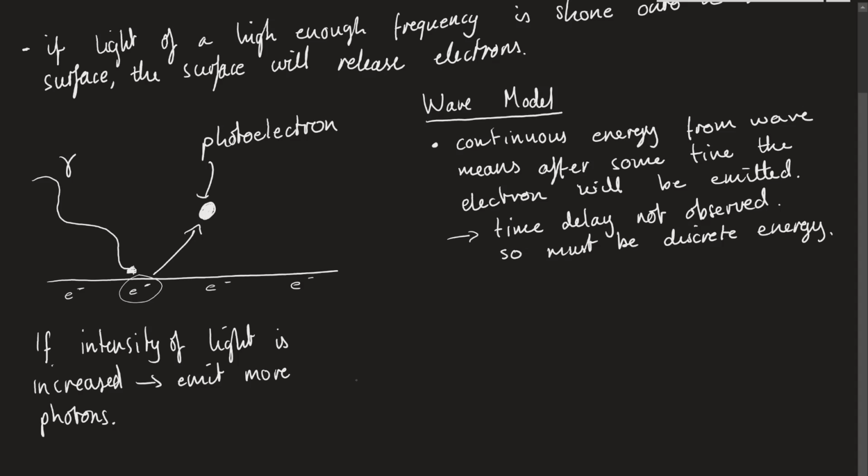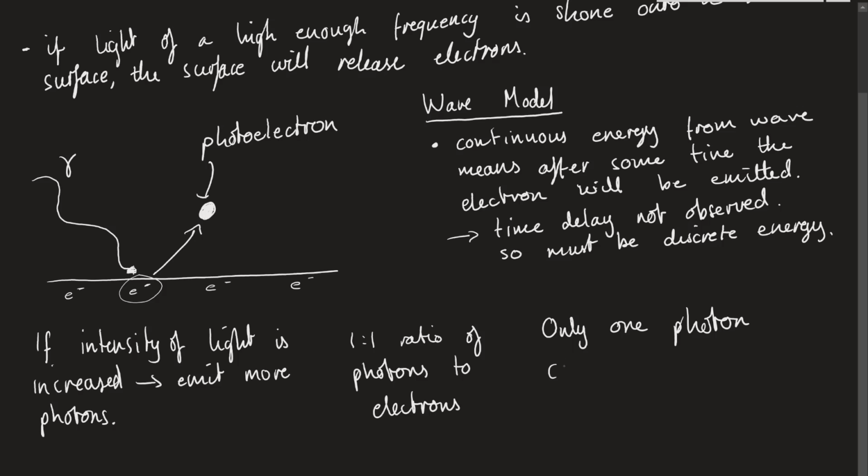So what we see is there is a 1-to-1 ratio of photons to electrons, which means only one photon can be absorbed by an electron. And if that energy is not enough, then it's not emitted. If the energy is enough, it will be emitted.